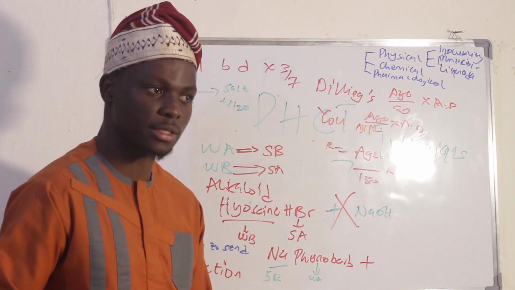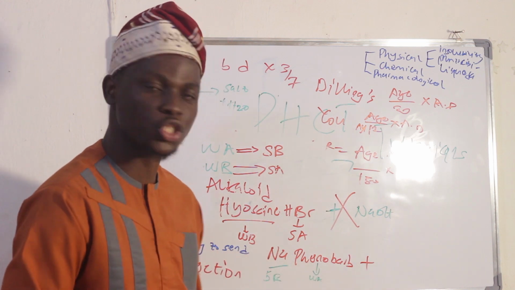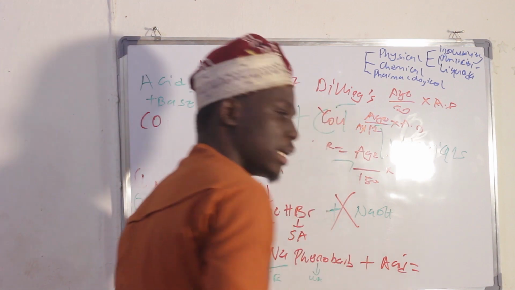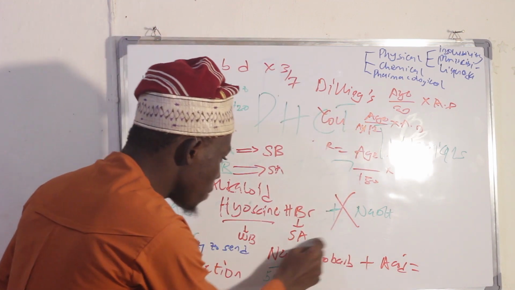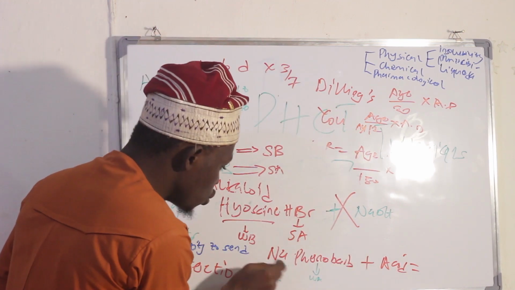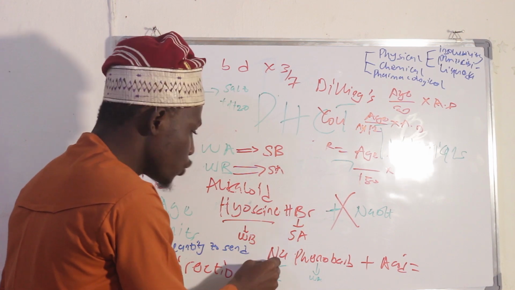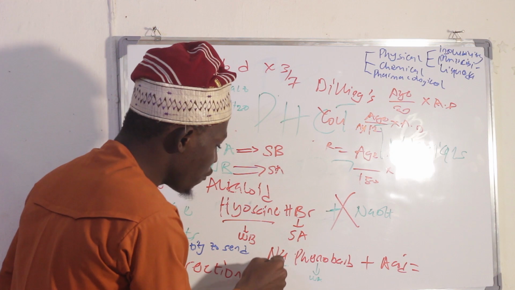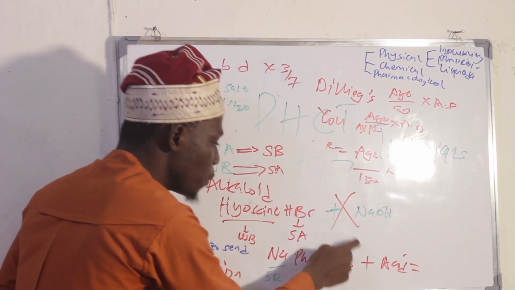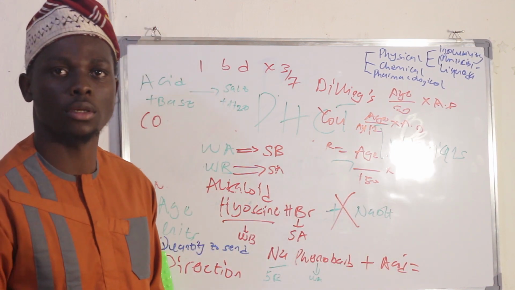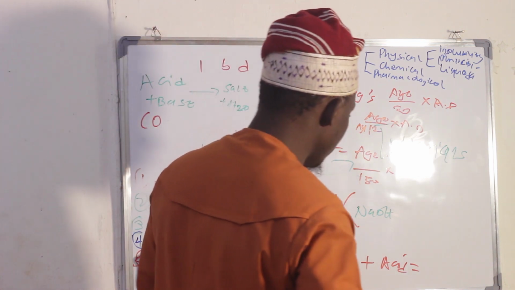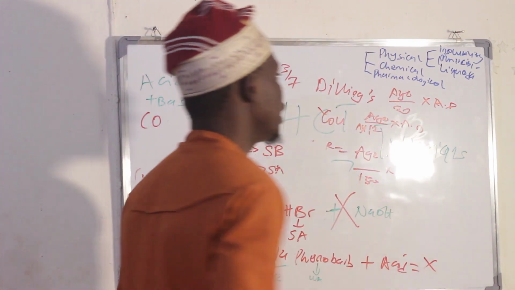Lemon is a form of acid, or citric acid syrup or something. If I put any form of acid here, that acid will come and displace my phenobarb because it will prefer to go with the sodium. It will form, let's say, sodium something, and when it forms this, it will precipitate phenobarbitone out. That is a form of incompatibility. So this one too is a no-go area for me.